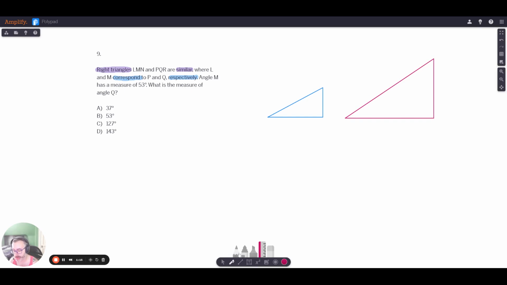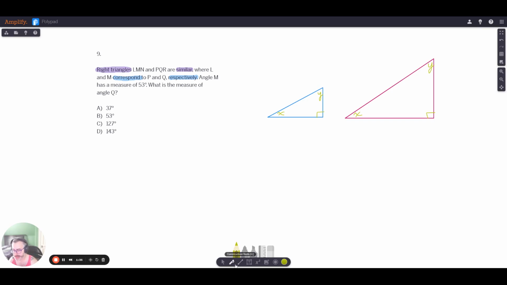So we would know that the angles would match each other. And since it's a right triangle, we know that one of the angles is a right angle, a 90-degree angle.